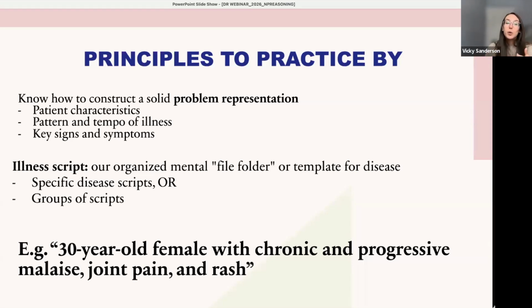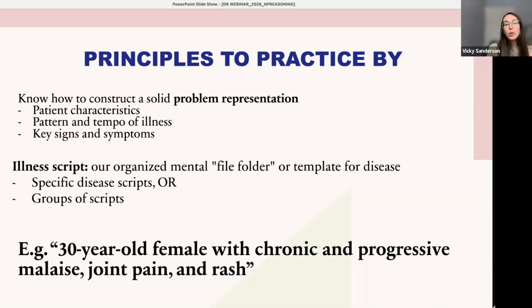That's still very useful because it helps narrow down our differential to most likely something more autoimmune or inflammatory in nature. So if you're an educator out there, it can really help to advise students around creating a problem representation and help them build illness scripts for that problem representation.